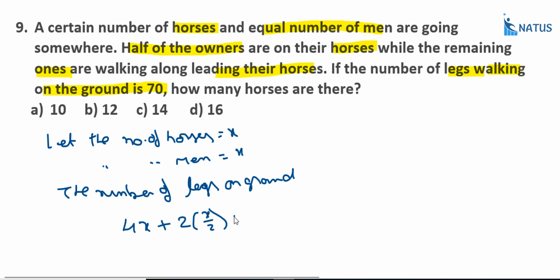Now what happened? The 2 gets cancelled, that is equal to 5x. But according to the condition, the total number is 70, that means 5x is equal to 70. What is the value of x? That is equal to 14. How many horses are there? So, what is the answer? Option C is the correct answer.